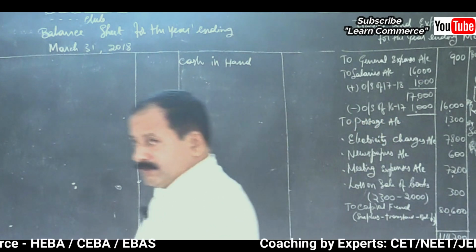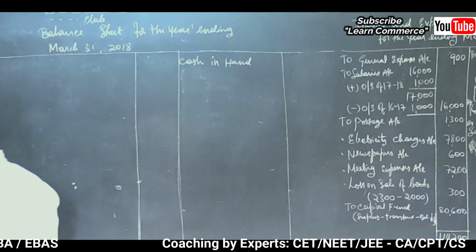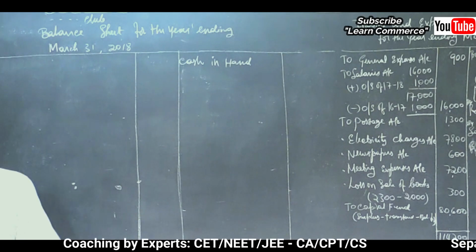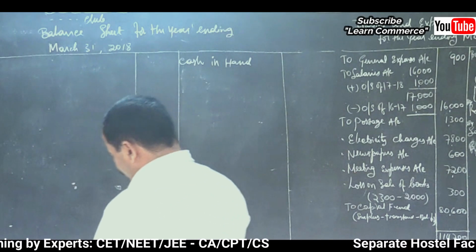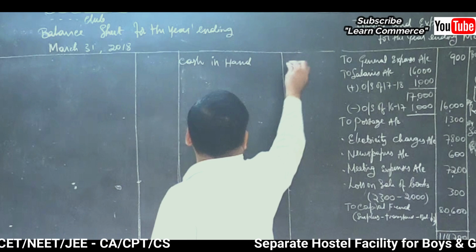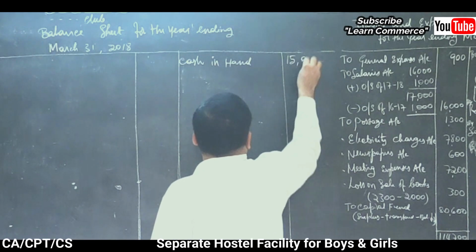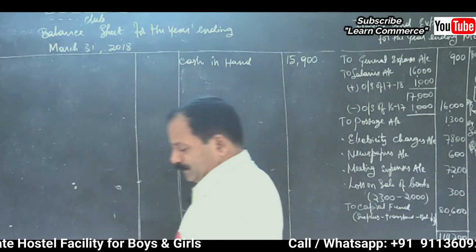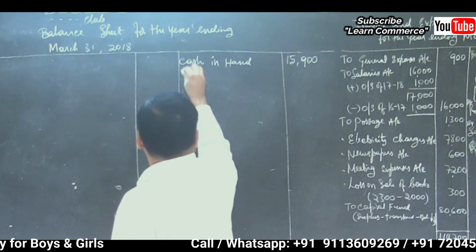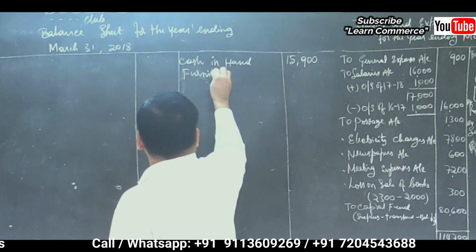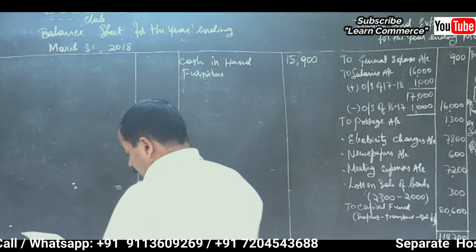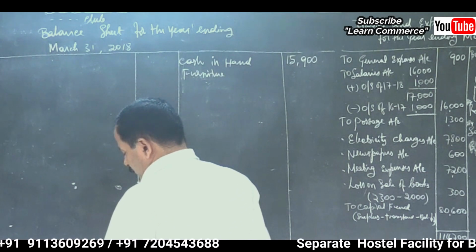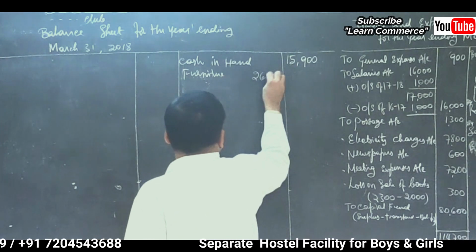Drafted? Yes. Let us start with the asset side. Cash in hand, 15,900. Furniture, inner column, 2,600.